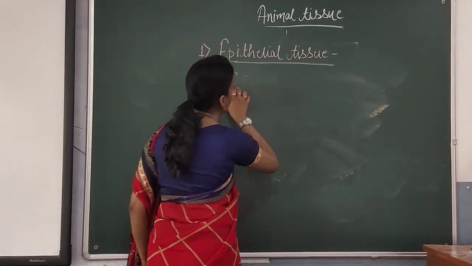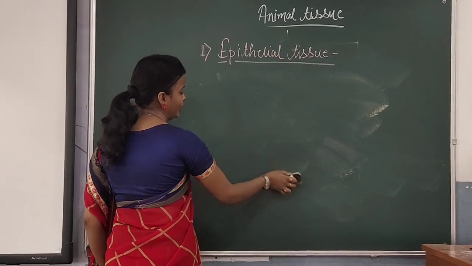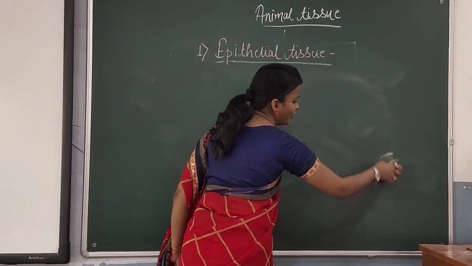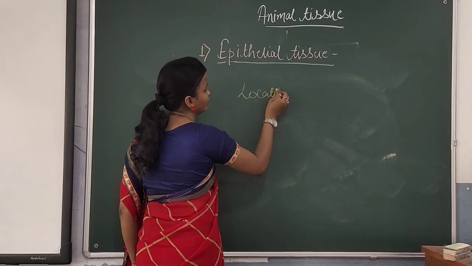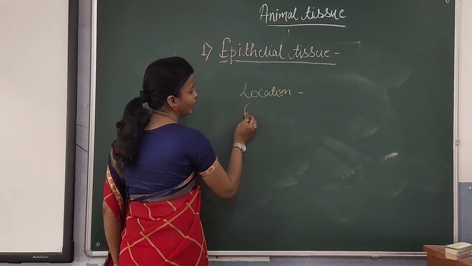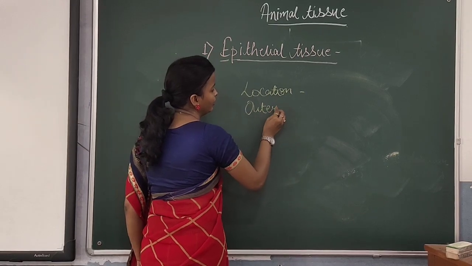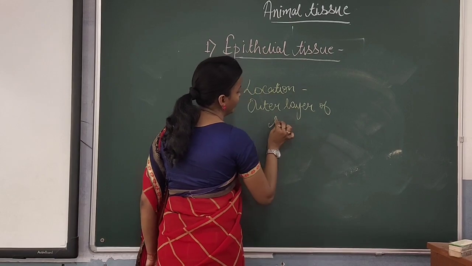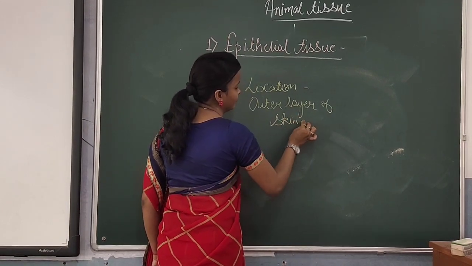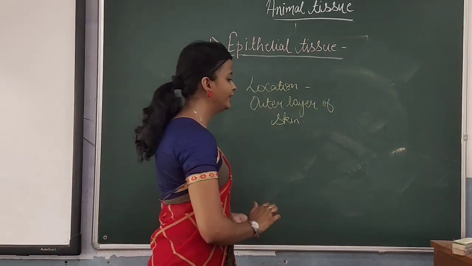If you talk about the location of the squamous epithelial tissue, they are present at the outer layer of our skin. So this is the squamous epithelial tissue.